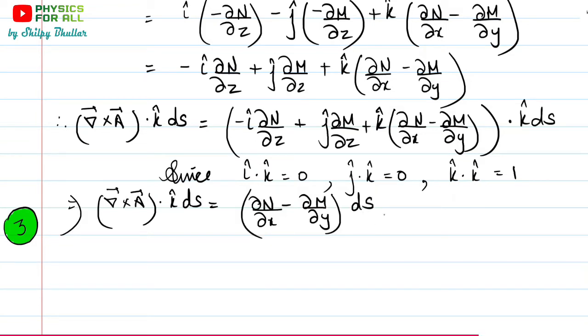Don't forget to put this ds. Most of the students just simply write it down and forget about ds. They feel that this k cap has performed its function and that's it, only this is the magnitude, and they forget putting ds. But see, physics goes step by step. It is so systematic.